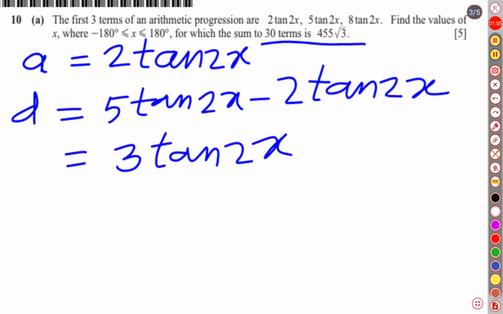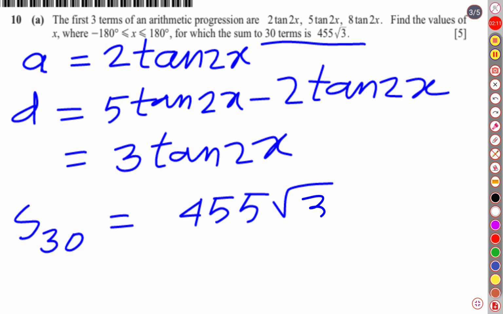Then the condition they have given is the sum of the first 30 terms. So let us write S30 is equal to 455 square root of 3.